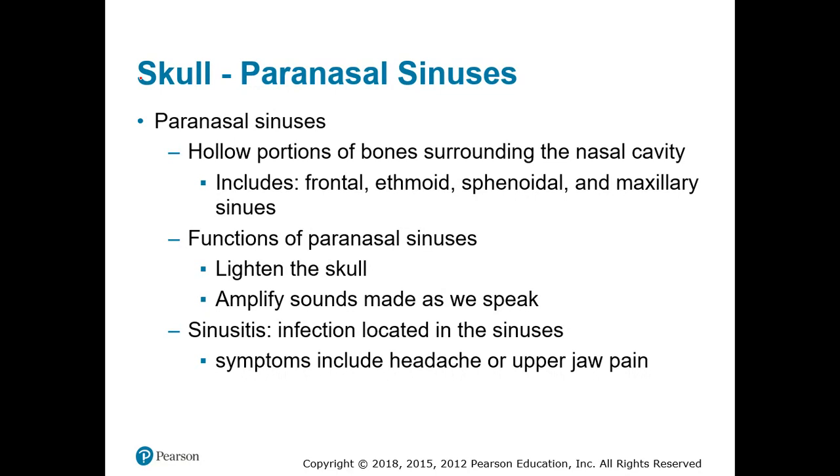It includes the frontal bone, because we get a frontal sinus, the ethmoid sinus, the sphenoidal sinus, and the maxillary sinus. The functions of these sinuses is to help lighten the skull, so make it, again, not as heavy, lighter for when it rests on your vertebrae, but also it helps amplify sounds made as we speak.